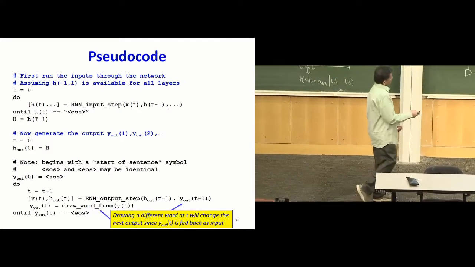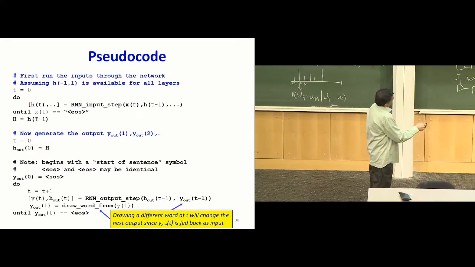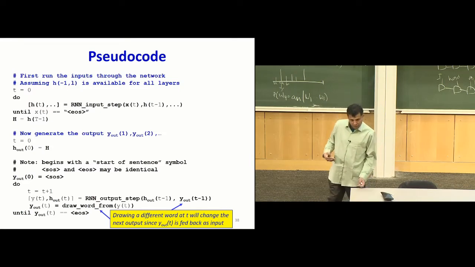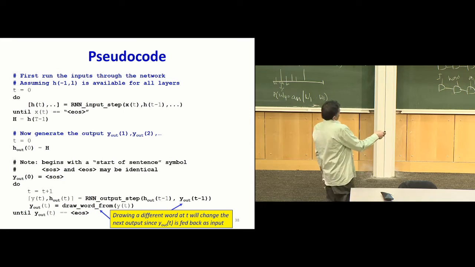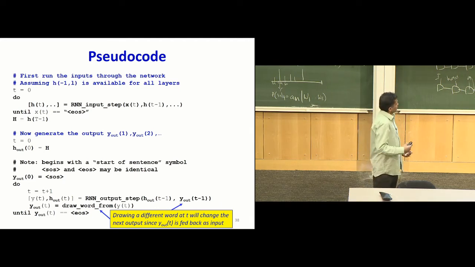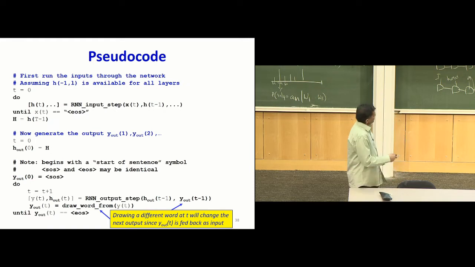Observe that y out is the drawn word. Because the drawn word is also being passed in along with the hidden state to the recurrence, drawing a different word at time t minus 1 will result in a different output at time t.